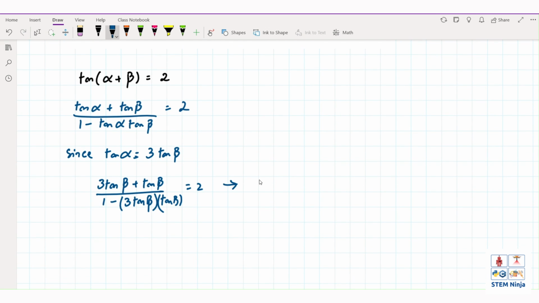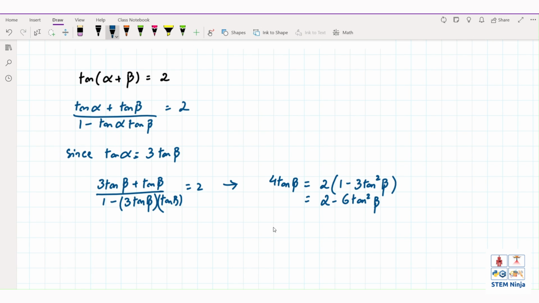This simplifies to 4 tan beta equals 2 times 1 minus 3 tan squared beta. Further simplification, 2 minus 6 tan squared beta.